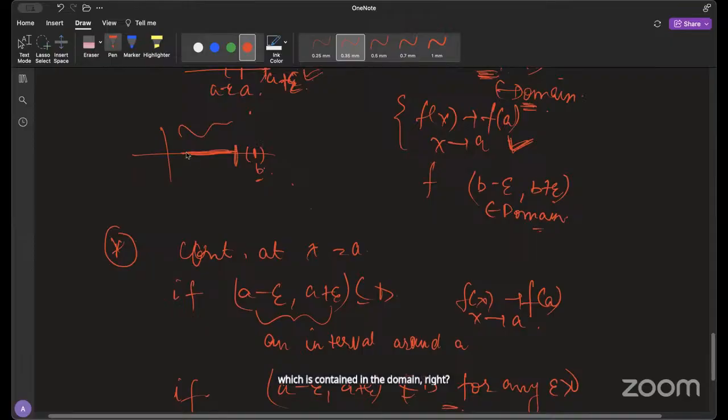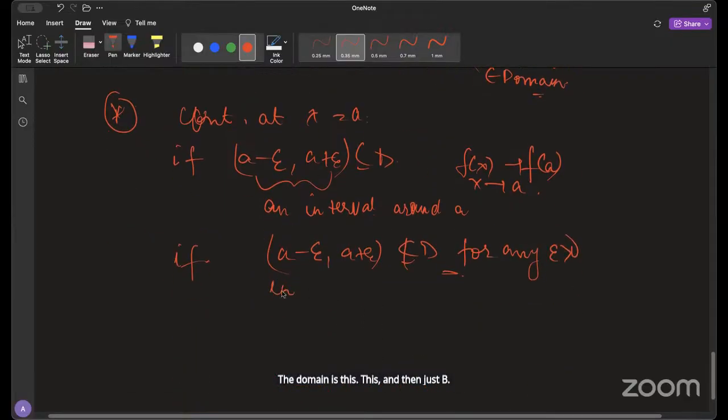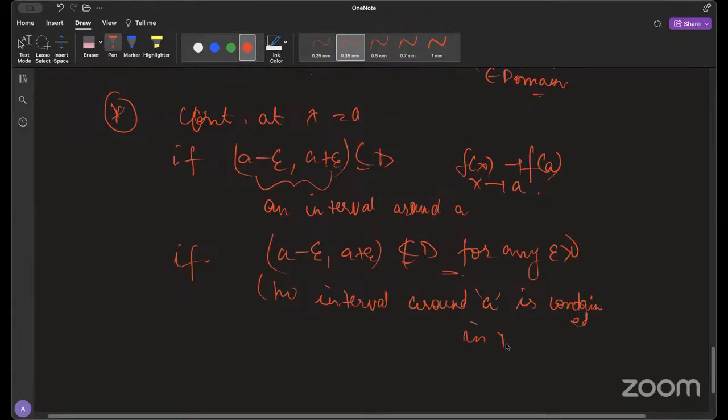The domain is this, and then just B. So no interval around A is contained in the domain, but A should be in the domain.